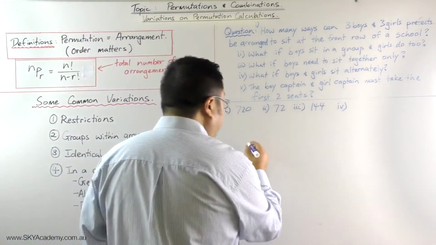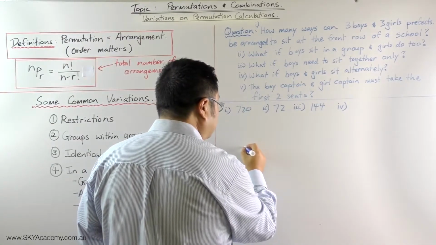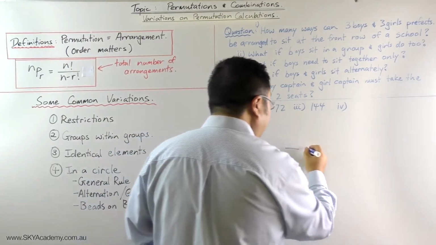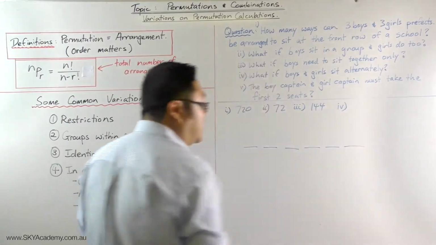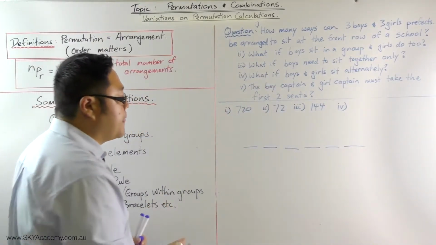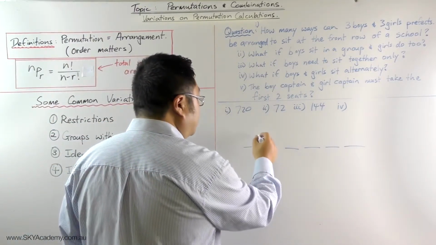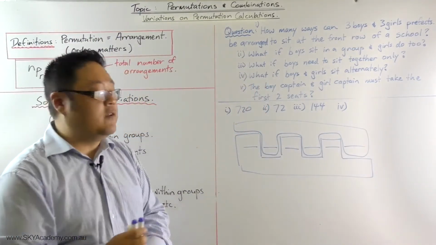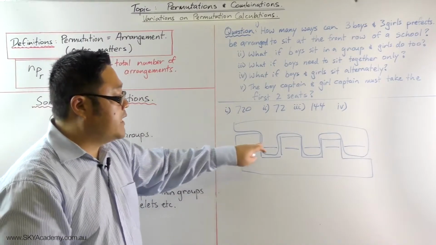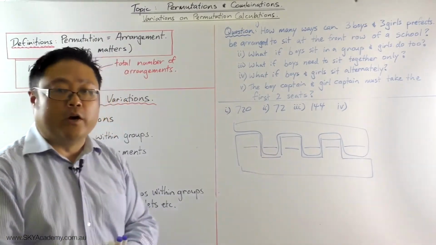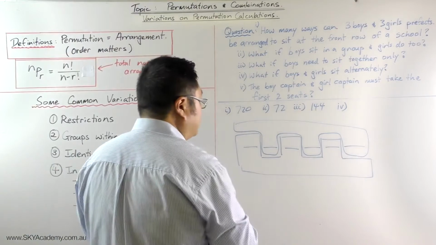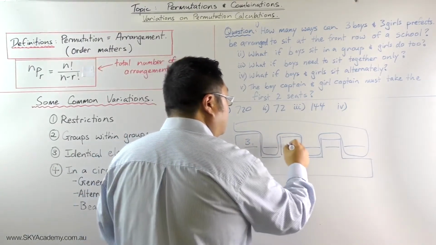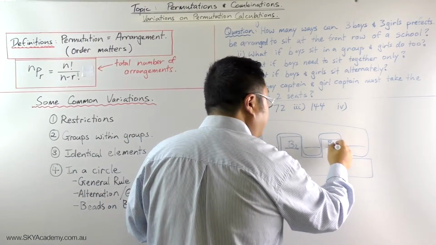So basically you've got 1, 2, 3, 4, 5, 6 positions. Yep. And here's what we're going to do. All right. Can you see that even if you've got alternating boy, girl, right? So this is boy 1, boy 2, and boy 3.